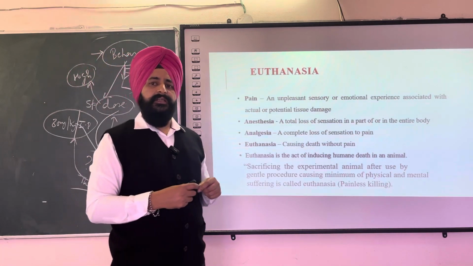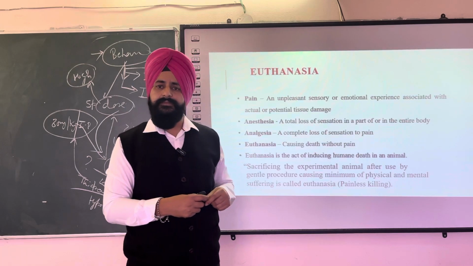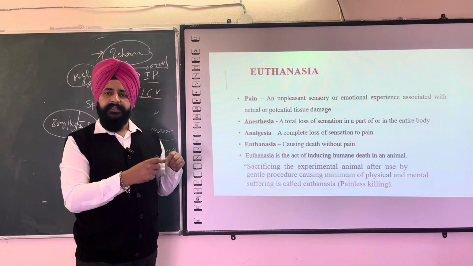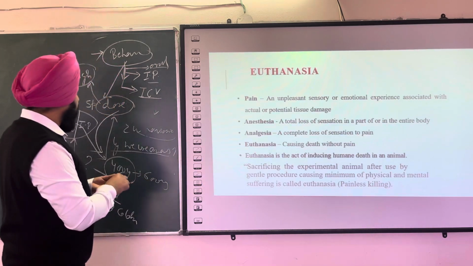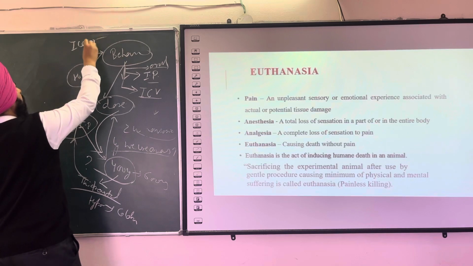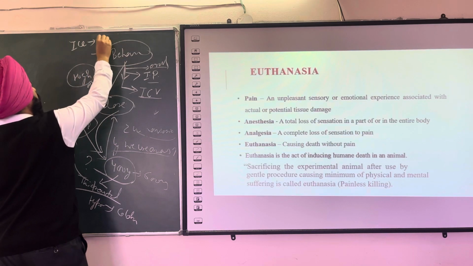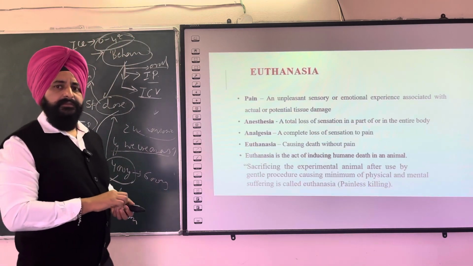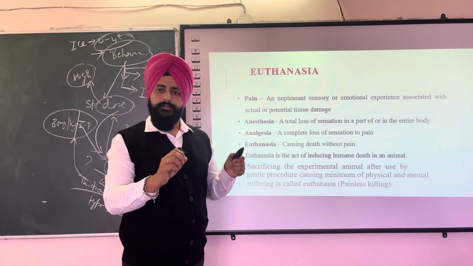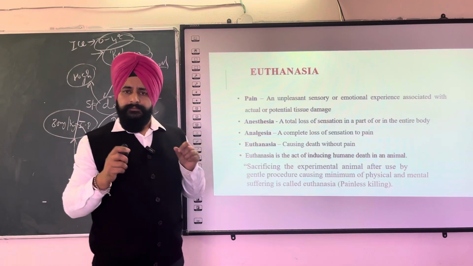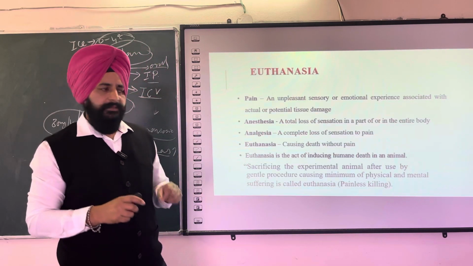But the third type, which is preferred in the zebrafish, is cold temperature induced anesthesia, in which you use ice water, and the temperature will be around 0 to 4 degrees centigrade. This is called cold induced anesthesia, and it is the third type of anesthesia preferred in the case of zebrafish.